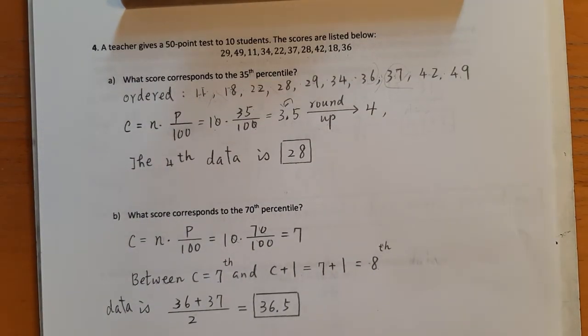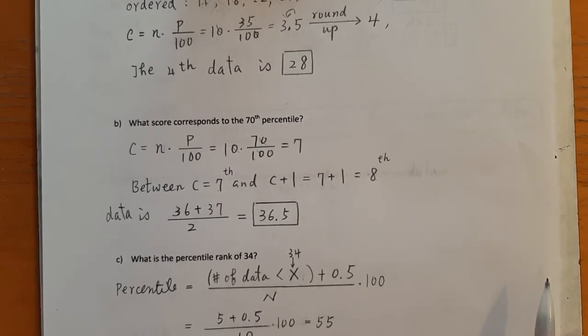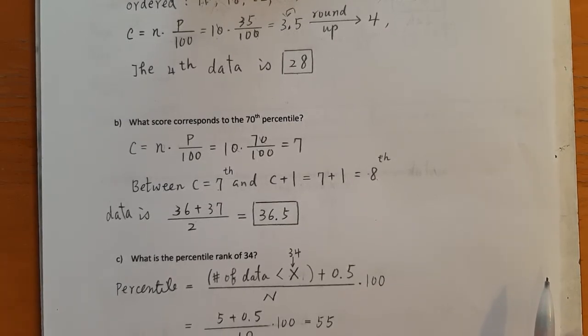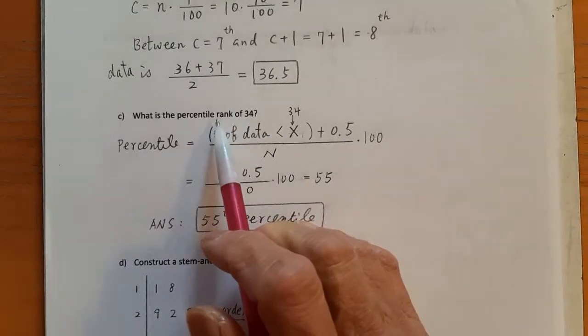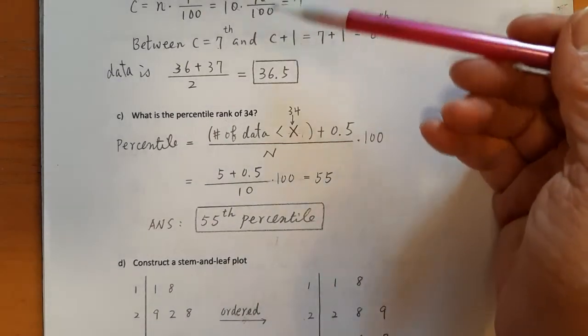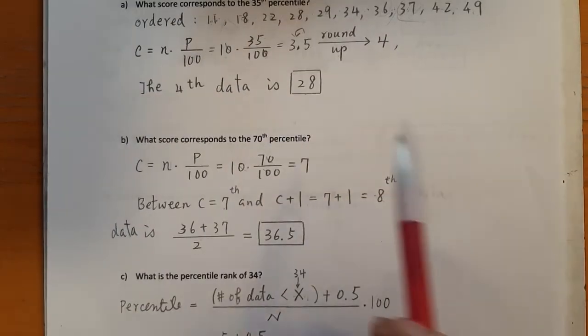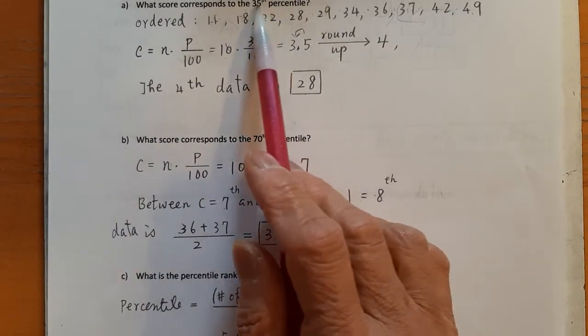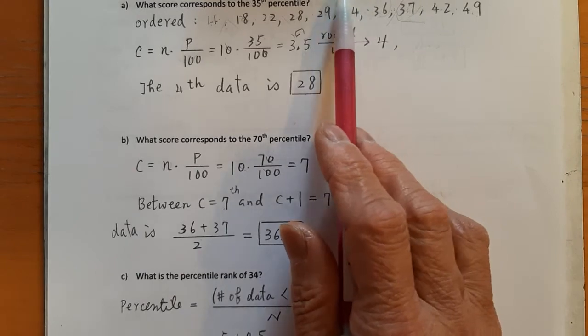Then the next one, C: what is the percentile rank of the number 34? In question 2, given the percentile, you find the score.